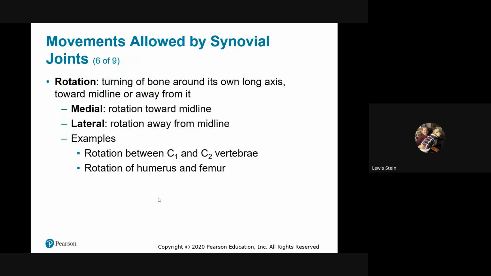And then in anatomy, this is transverse plane motion. The rotational movements are basically medial, toward the midline, and lateral, away from it. Clinically, on the floor, you'll always hear the terms internal and external rotation. Orthopedic surgeons don't use medial and lateral like in anatomy class.